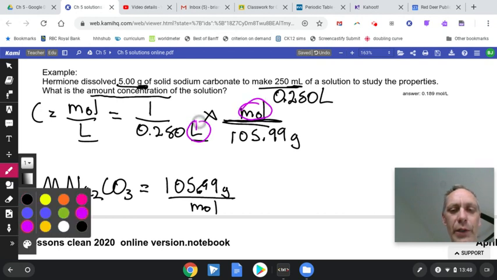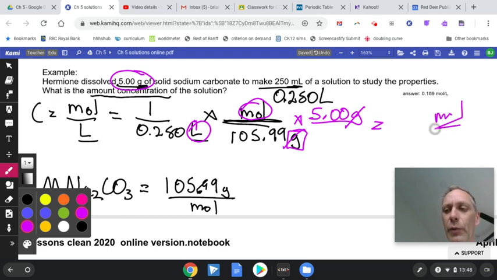Okay, so now I have moles per liter, but I also have this grams, which I don't want, so I need to get rid of it. Easily done. There's my 5 grams. Put it on top. The grams cancel out. All my units work. I will now get moles per liter, and my final answer will be 5 on top divided by 0.25 times 105.99 on the bottom, which works out to 0.1886.